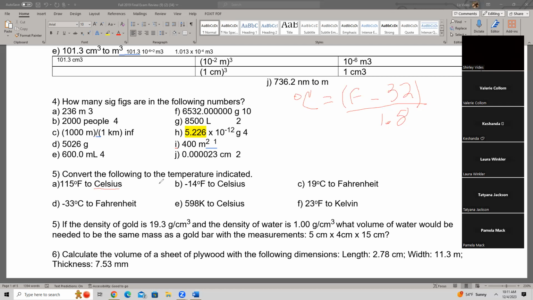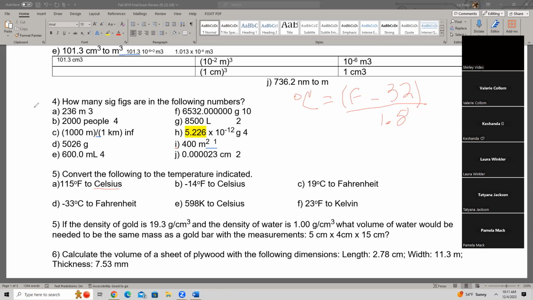Fahrenheit minus 32. So 115. Where are you, calculator? There you are. Okay, 115. Sure, 46.11. Yep, 46.11.